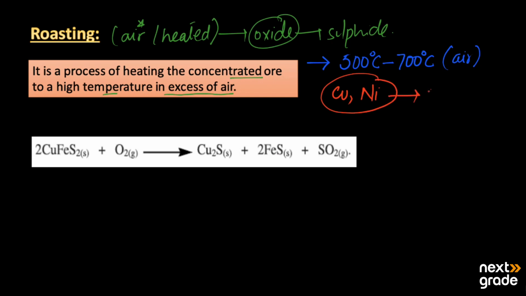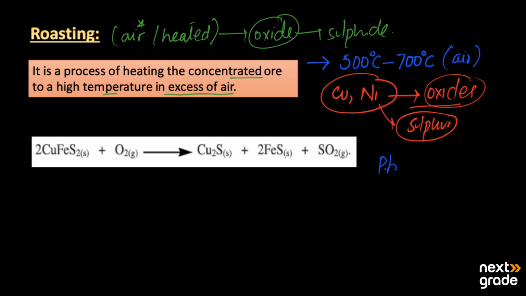The ores of metals like copper or nickel, when roasted in the presence of air, are converted into their respective oxides along with the production of sulfur dioxide, as sulfur is also present. For some other metals, like lead, it is partially oxidized and converted into its sulfate. So it all depends upon the type of the metal or ore.